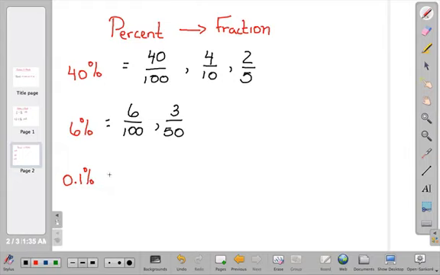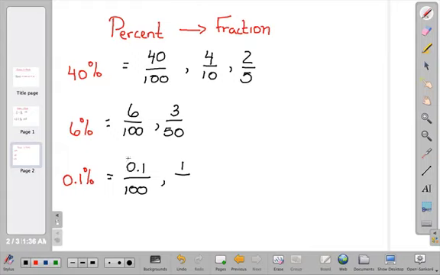And here's our last example. So the percent becomes the numerator over 100, but you can't really have a decimal as a numerator. So you need to ask yourself, well, how could I get rid of that decimal? Well, if I multiplied this by 10, our decimal point would move over once, and I would get 1.